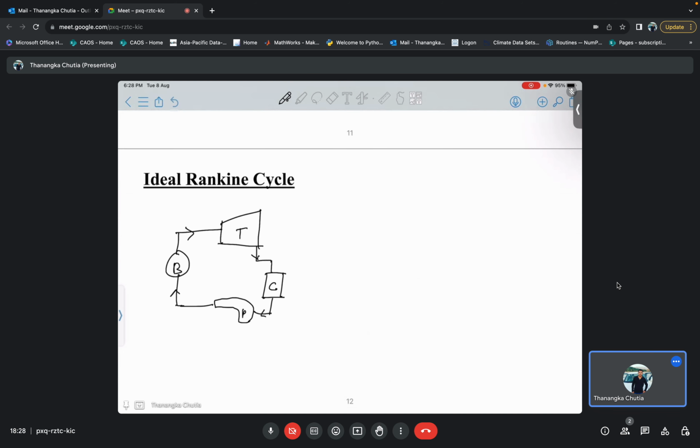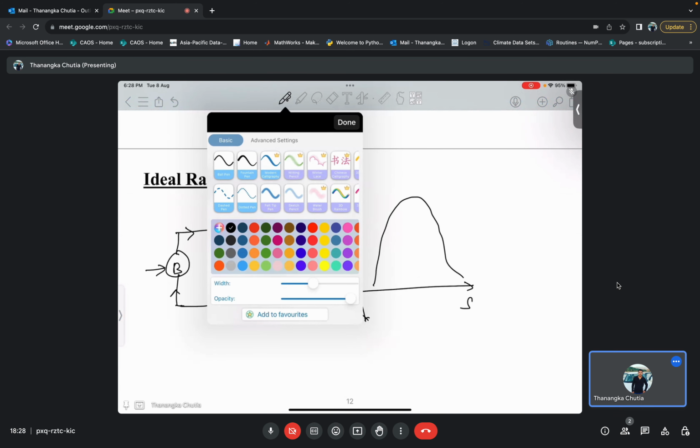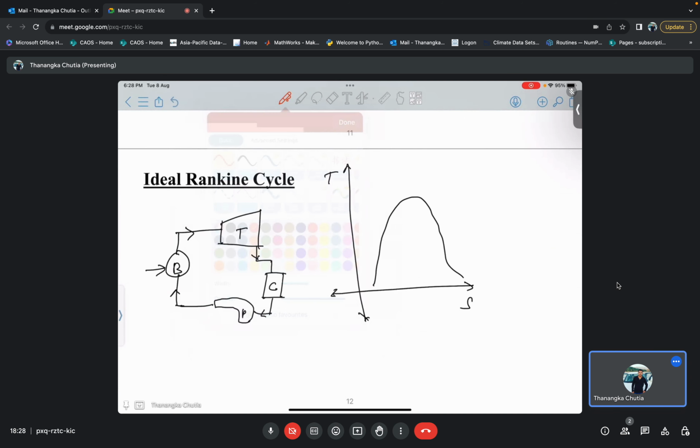And we can draw the TS diagram also. So this is Q1, this is WT, this is Q2, and this is WP.